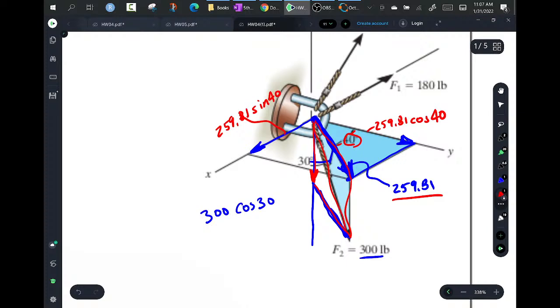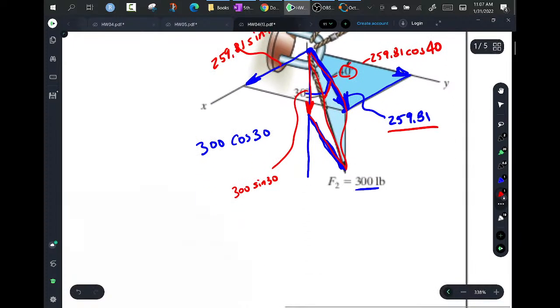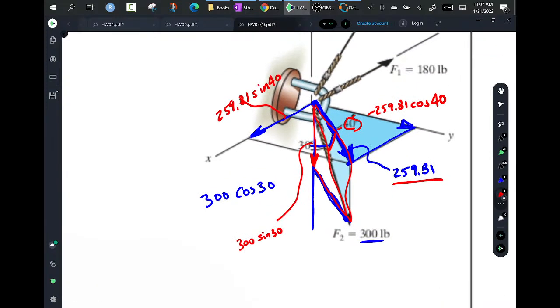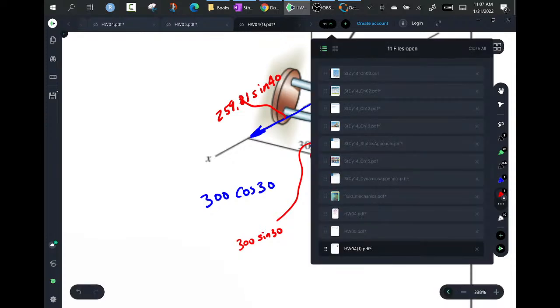And gosh, this looks so funny looking. And this is the 30 degrees right here. So at that point, this has got to be 300 pounds sine of 30. And now let me see if I can lay that out a little bit better. Unfortunately, I could probably go back to the book and write in the book, because the picture is probably better in the book.